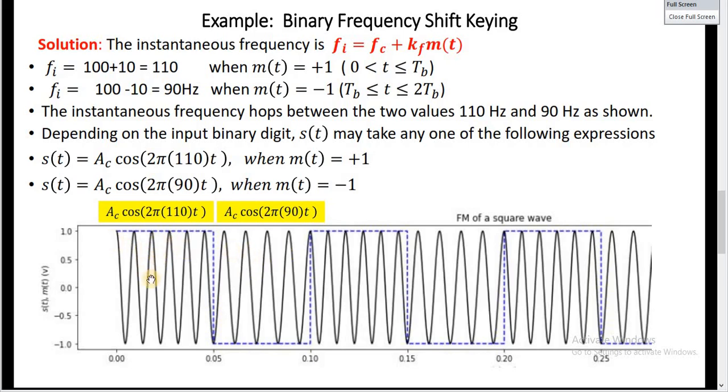Over this time period, we transmit a signal with frequency 110. Over this time period, we transmit the same carrier, but now we change the frequency of the carrier to 90 Hertz, and so on. Here we have 110, 90 Hertz, 110, and so on. So the instantaneous frequency hops between two values, 110 and 90 Hertz, as shown in the figure.